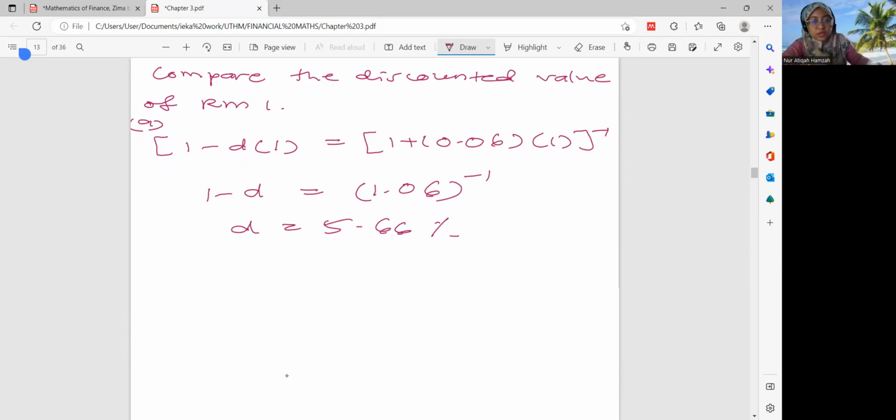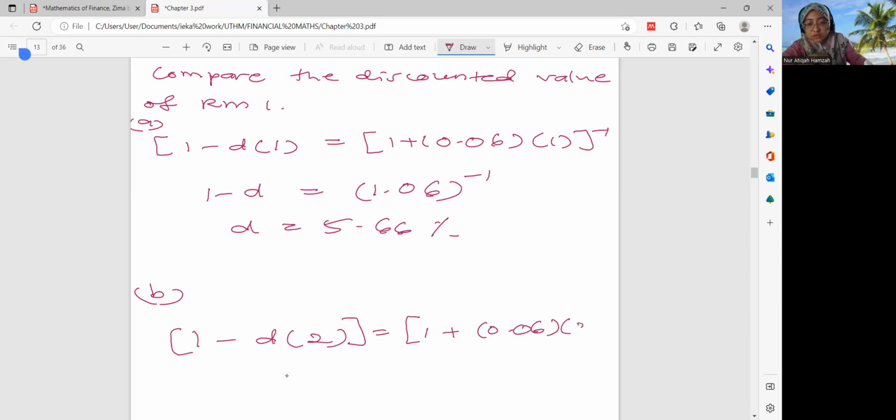Okay, for B, we still use the value of 1 ringgit, the discounted value. So we have 1 minus D2, this is for 2 years. So 1 minus D times 2 is equal to 1 plus 0.06 times 2 to the power of negative 1.